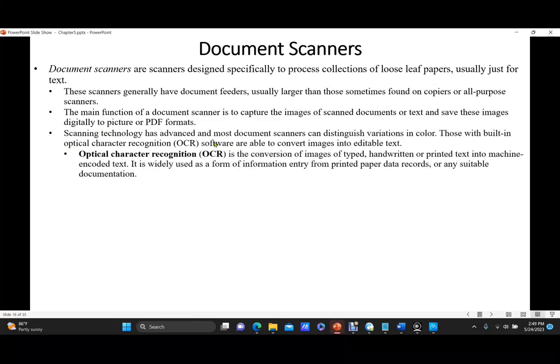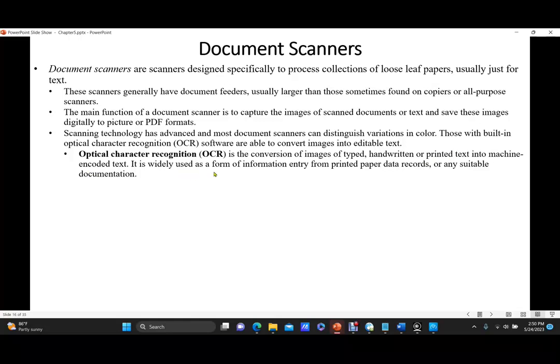Scanning technology has advanced, and most document scanners can distinguish between variations in color. Those with built-in optical character recognition software, OCR software, are able to convert images to editable text. OCR, optical character recognition, is the conversion of images, pictures of typed, handwritten, or printed text into machine-encoded text.